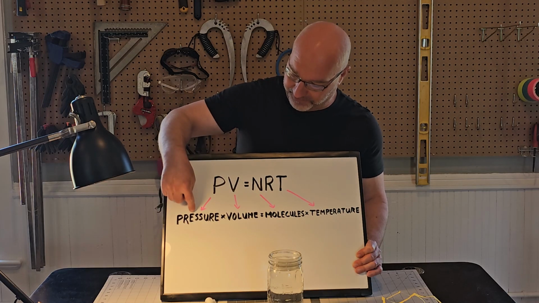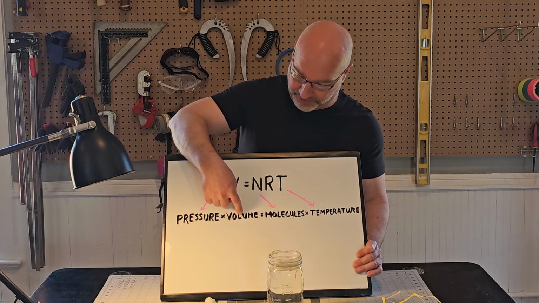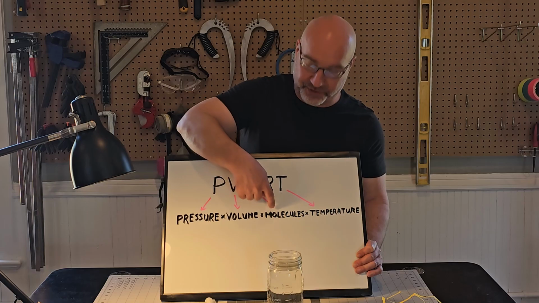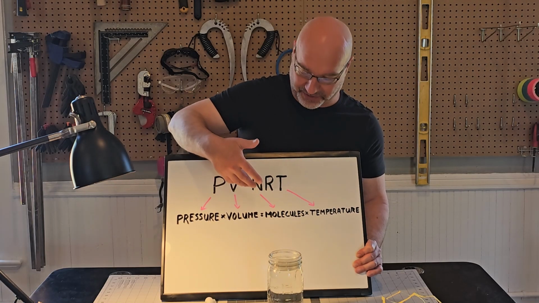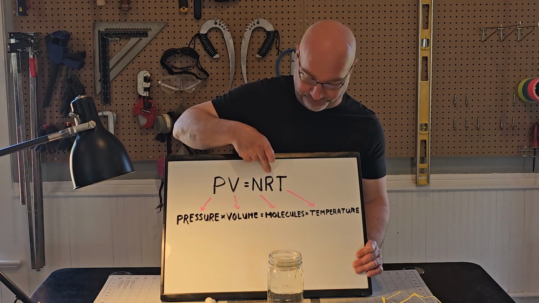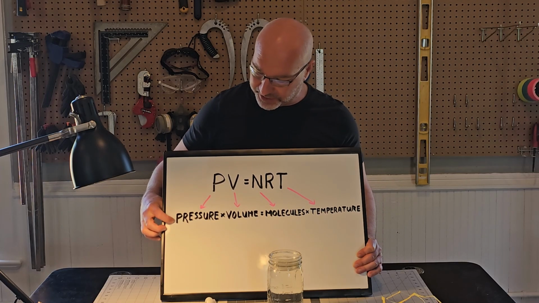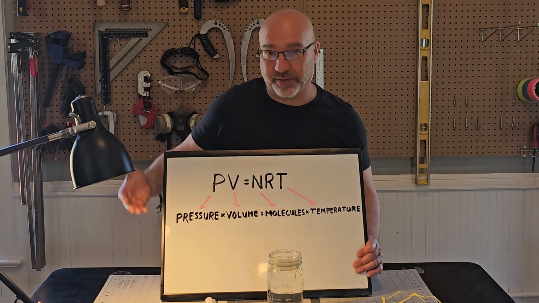So we can see, again, P for pressure, V for volume. We multiply those together, and then equals n, which is the amount of stuff we have. n is the number of molecules. R is the constant, so we don't have to worry about that. And then that times the temperature. So what you can actually see is we lower the pressure, equal signs mean balance.